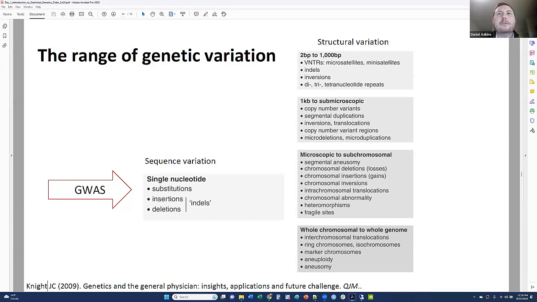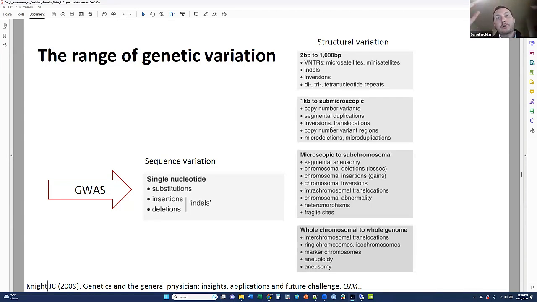Segmental duplications. This is when you've got a piece of a chromosome that's been duplicated. Inversions, we talked about that up here, but you can have larger inversions. You can also have translocations. This is when maybe a chunk of, let's say, chromosome 8 breaks off and grafts onto chromosome 22, right?